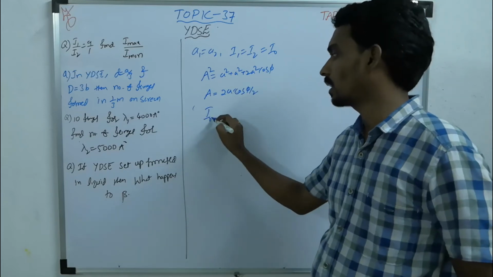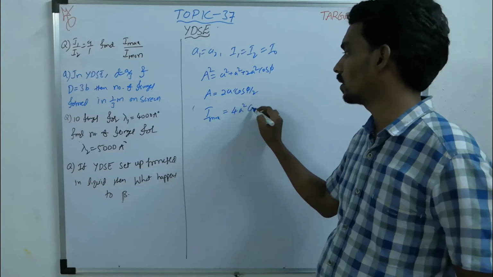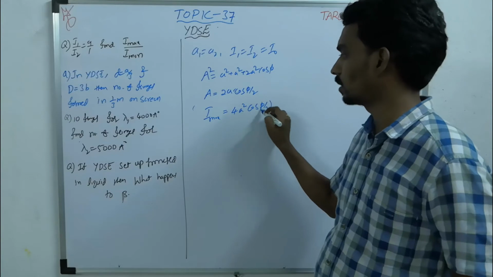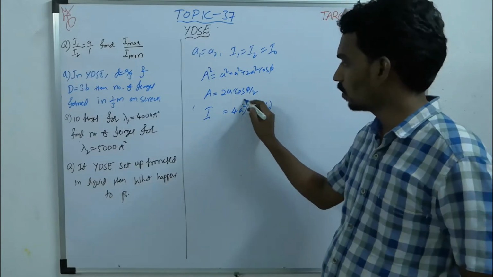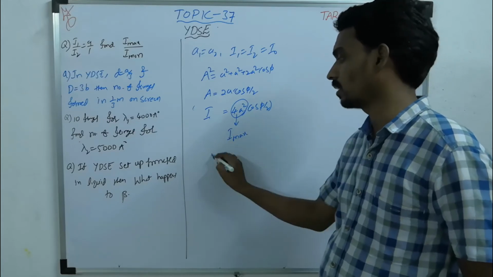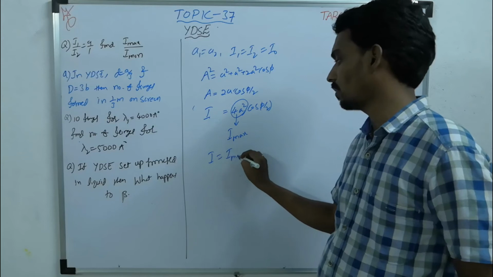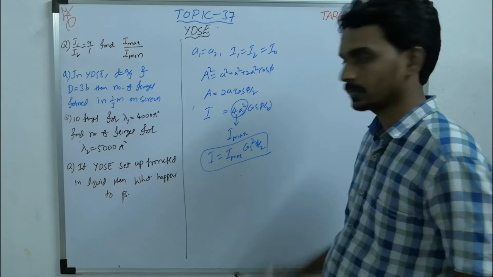Then any intensity equals 4A square cos square phi by 2, where 4A square is the maximum intensity, that is I maximum cos square phi by 2.